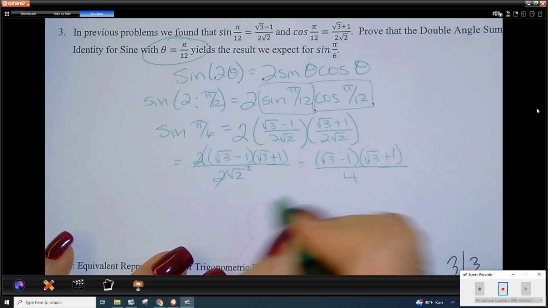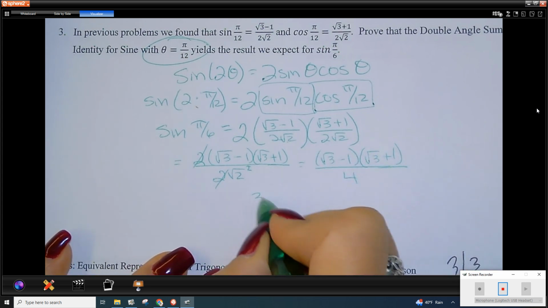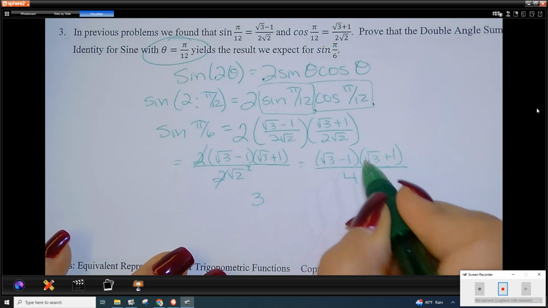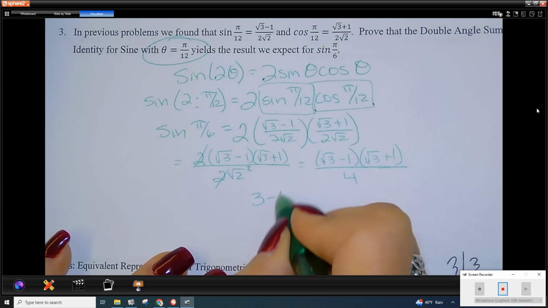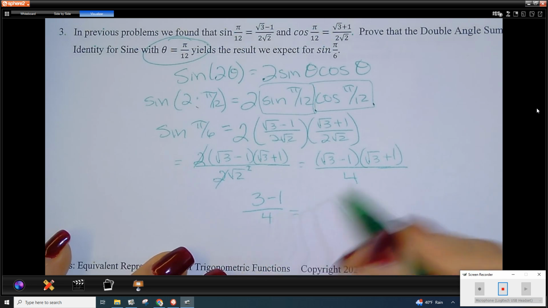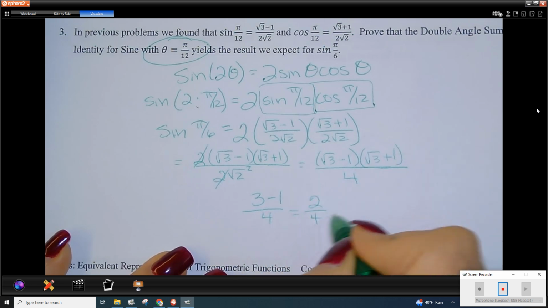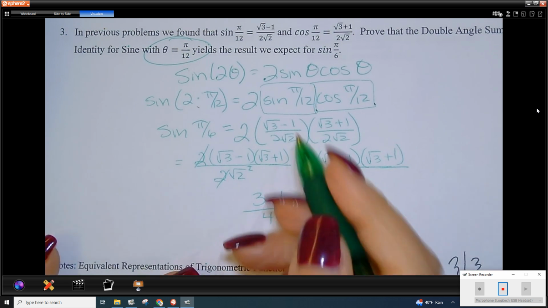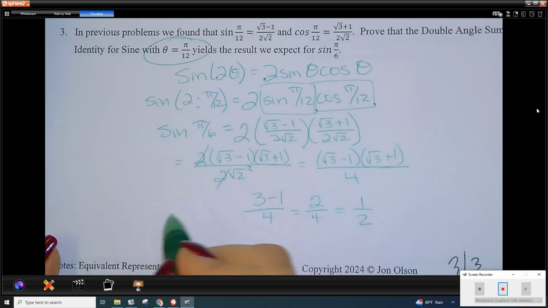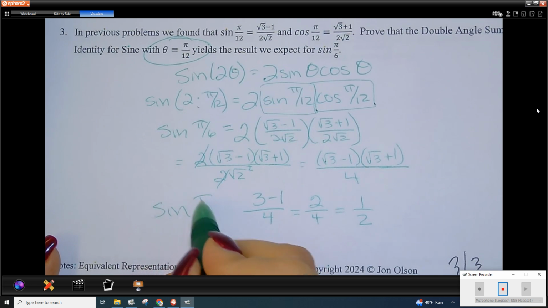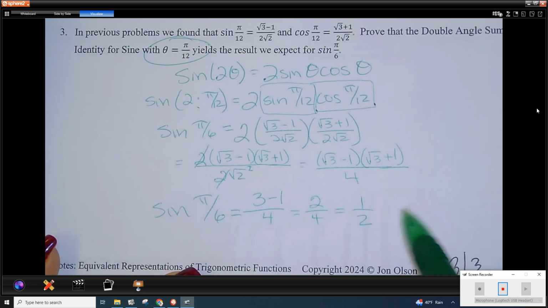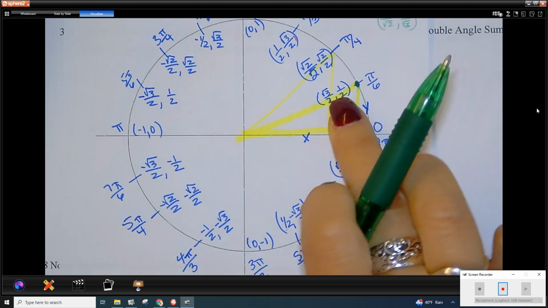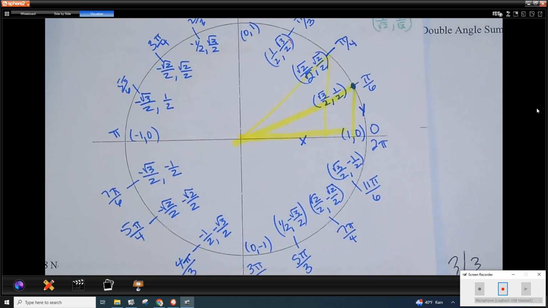So you get square root of 3 times square root of 3, which is 3, minus square root of 3 plus square root of 3, that's where it drops out, and negative 1 times 1, which is 1, over 4, which is 2 over 4, which equals 1/2. Which, on the left side, if I had kept it up, it's sine of pi over 6 equals 1/2. Is that true? Pi over 6, your sine is 1/2. So we proved it.